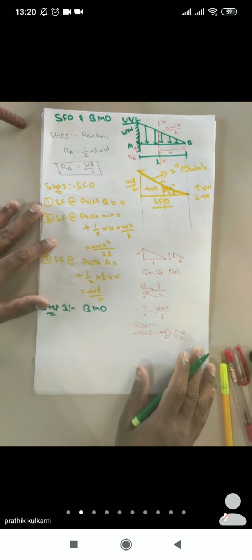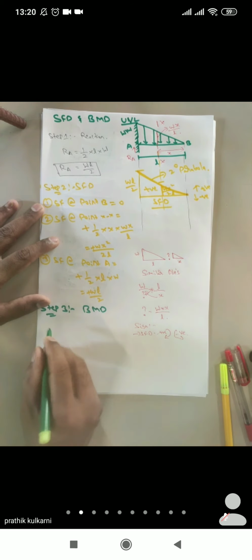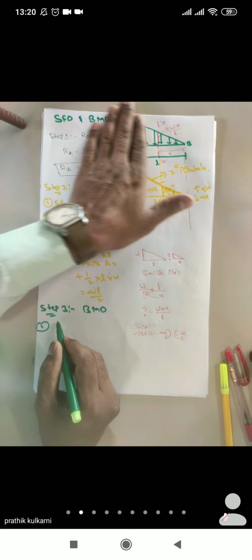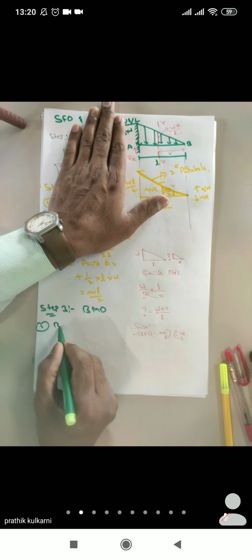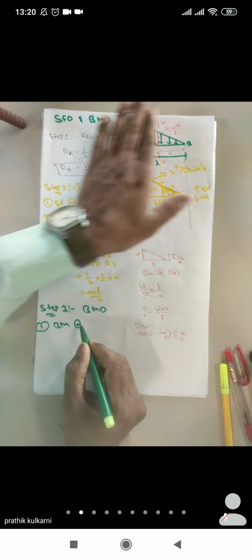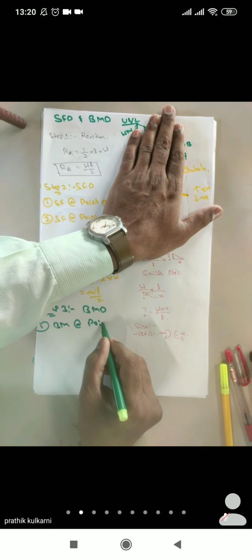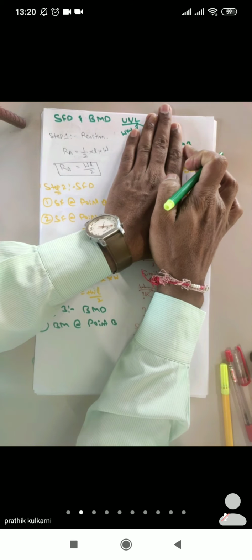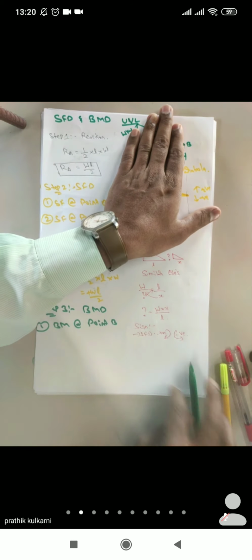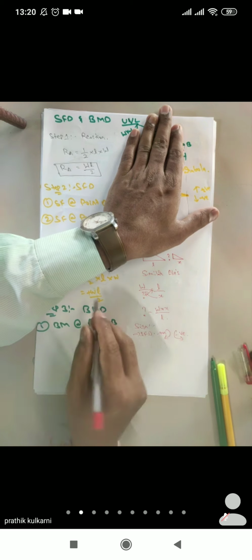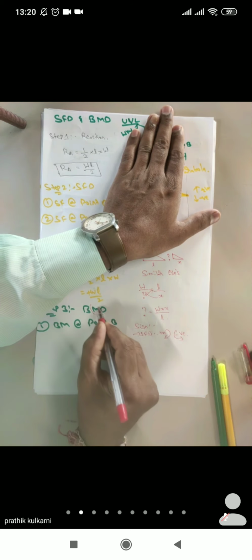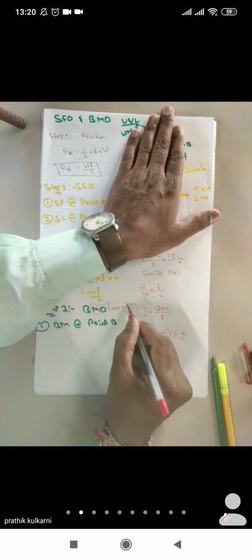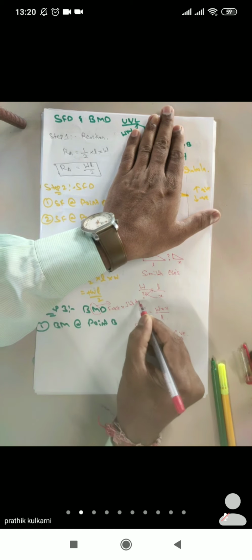With the bending moment diagram, let us again come from your right hand side to your left hand side. So bending moment at point B. If you want to calculate the bending moment at point B, as I already informed you, moment is force into perpendicular distance.